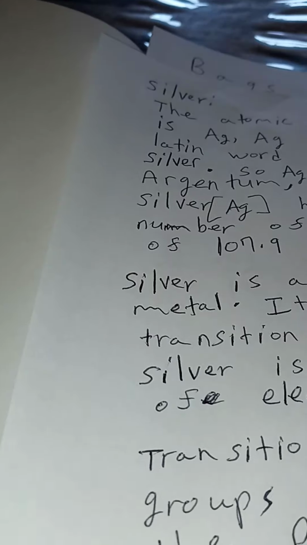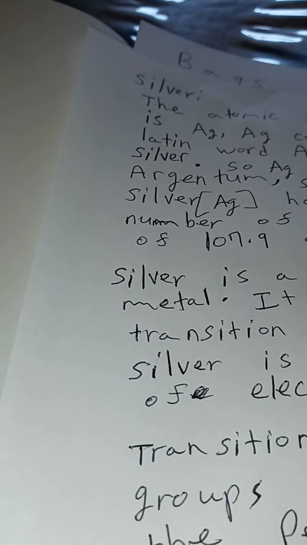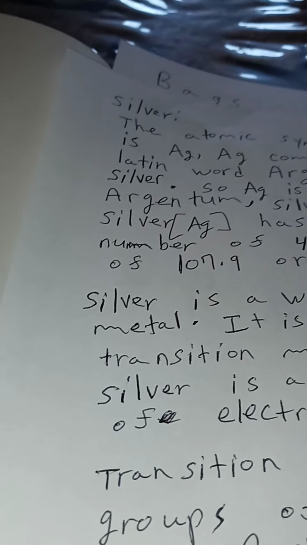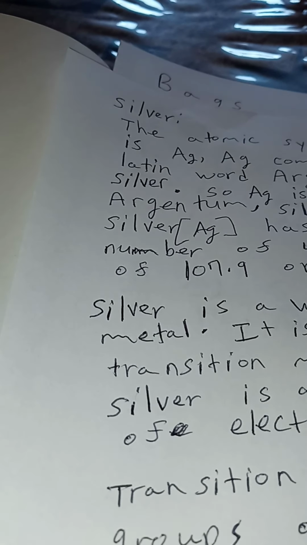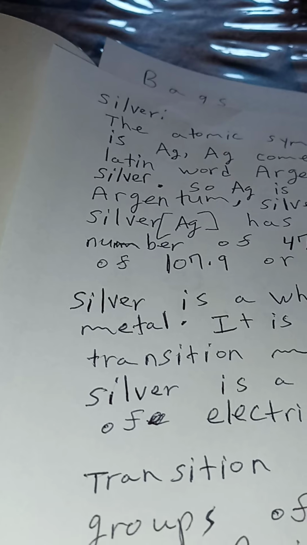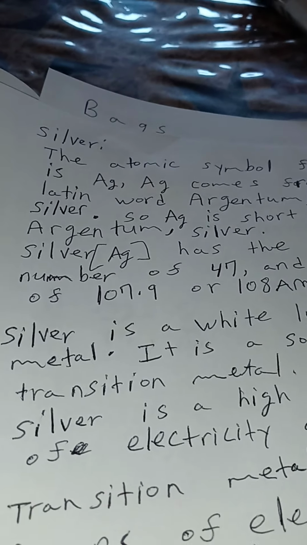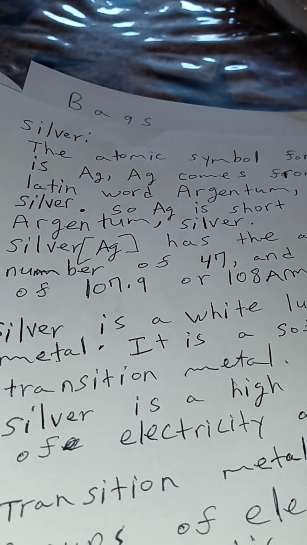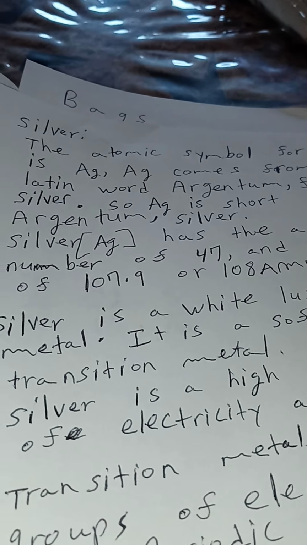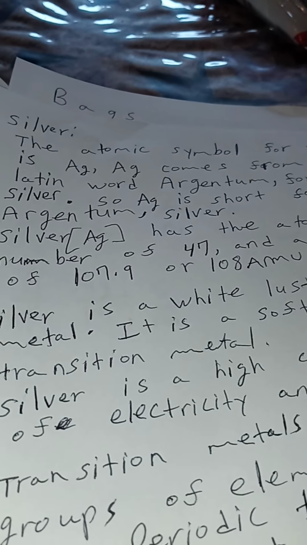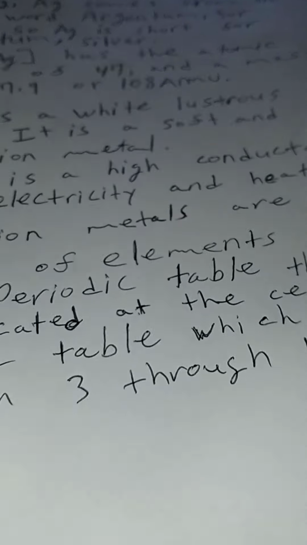Silver is a white, malleable, lustrous metal. It is a soft transition metal. Silver is a high conductor of electricity and heat. Transition metals are groups of elements on the periodic table located at the center of the table, which includes columns 3 through 12.